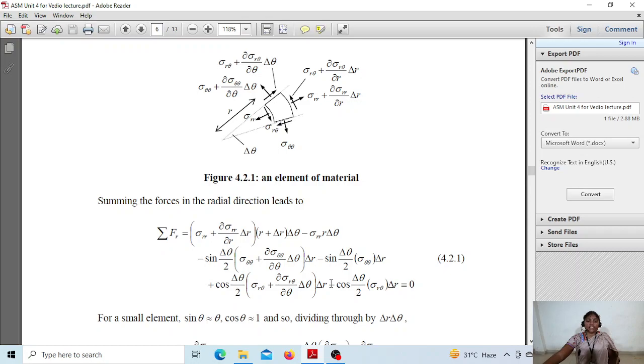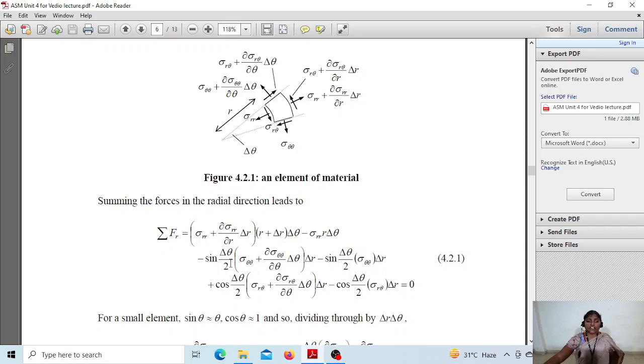Now let us take the theta direction, that is the circumferential direction. In the circumferential direction you will have the first force: sin delta theta by 2 into sigma theta theta plus dou sigma theta theta by dou theta into delta theta, into delta r, minus sin delta theta by 2 into sigma theta theta into delta r.